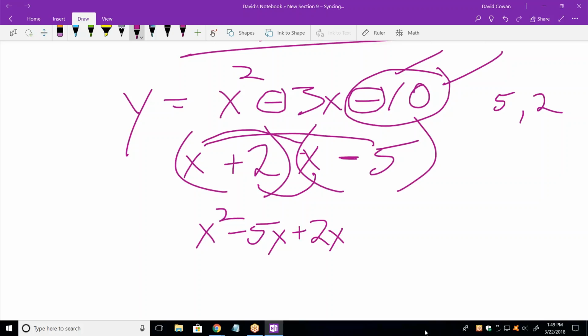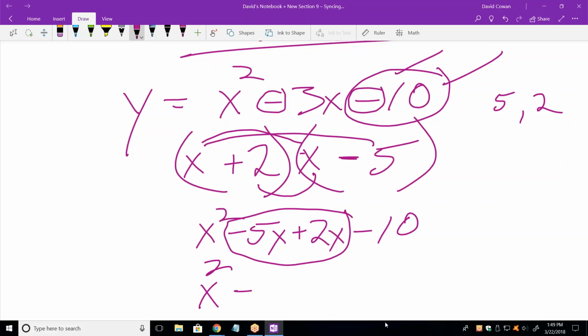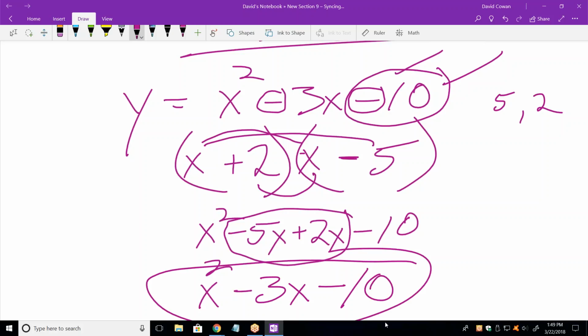And plus 2 times minus 5 is minus 10. Now, you can usually combine those two terms. Because they're both x's, I can combine like terms. That's what I started with. That means I did it right. Okay.